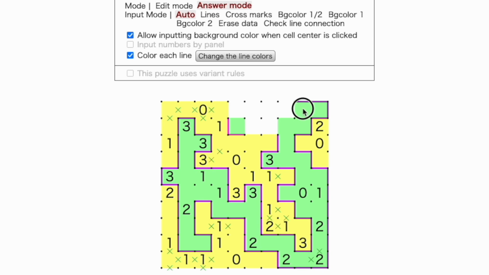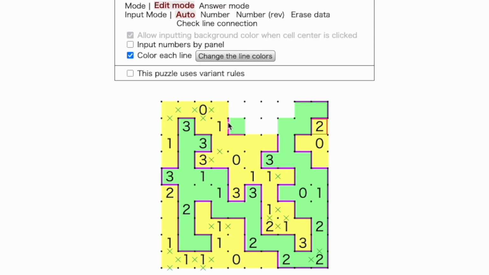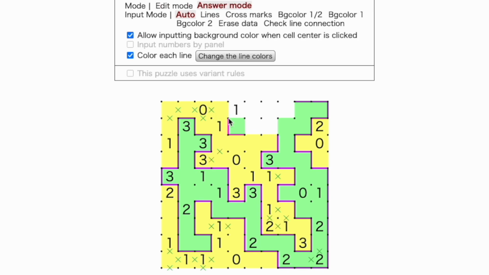That's going to force this. And then we just have to, let's see, we could put a 1 here, which will have to be this one, because if it went up, there'd be nowhere to go. That forces this to be green, forces this to be yellow, which forces this to be green.